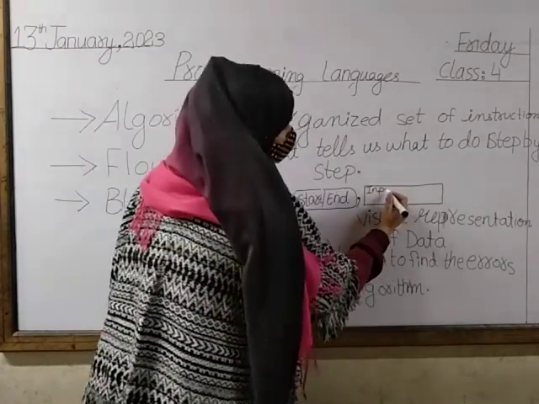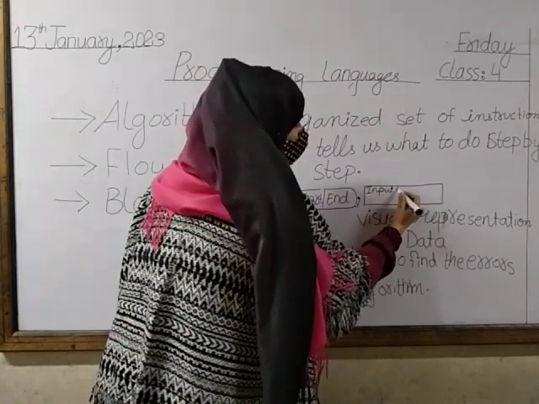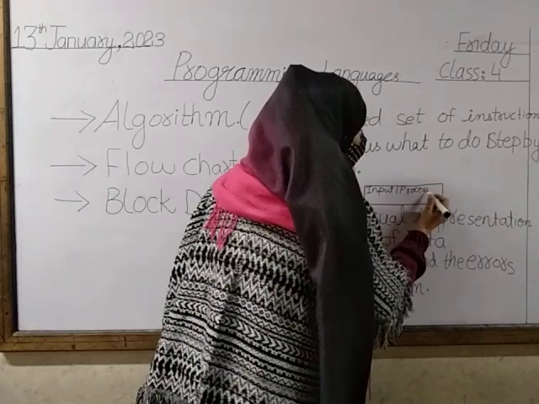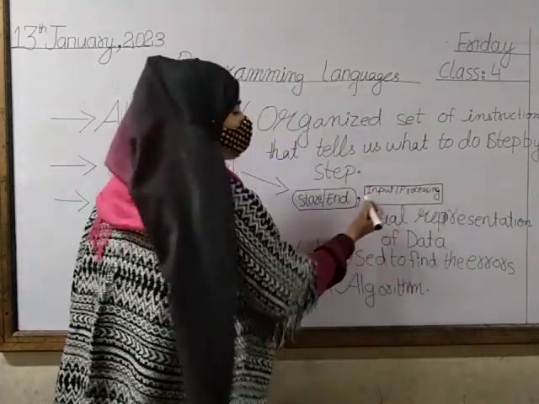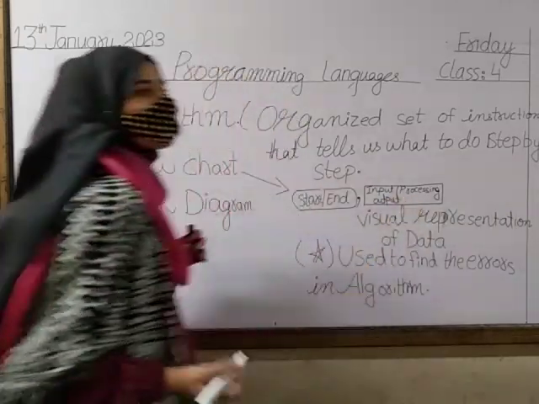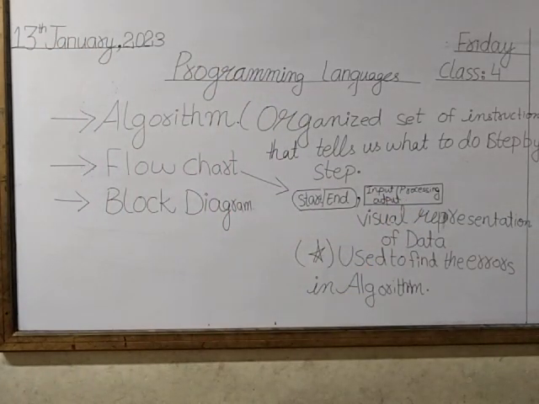If we want to process the data, we use rectangle shape, and if we want to show the result after processing, we use the rectangle shape. Just to start and end the program, we use oval shape and write the start and end. It means we are starting a program and we are going to end the program.